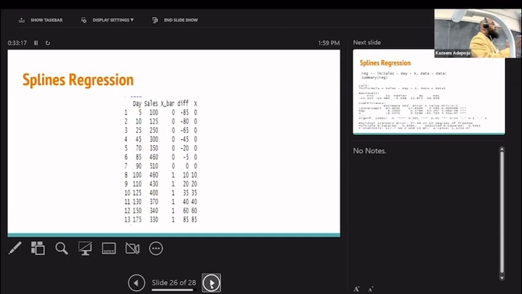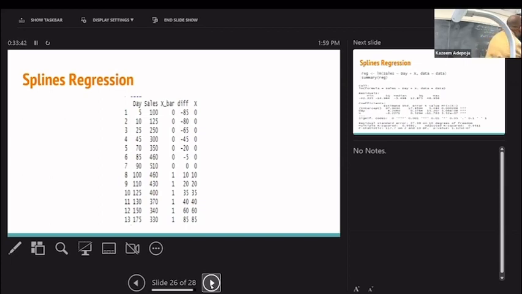So here I'm actually categorizing days, not sales. And the threshold is 90. Any day that is less than or equal to 90 will be coded as 0, and any day that is greater than 90 will be coded as 1.